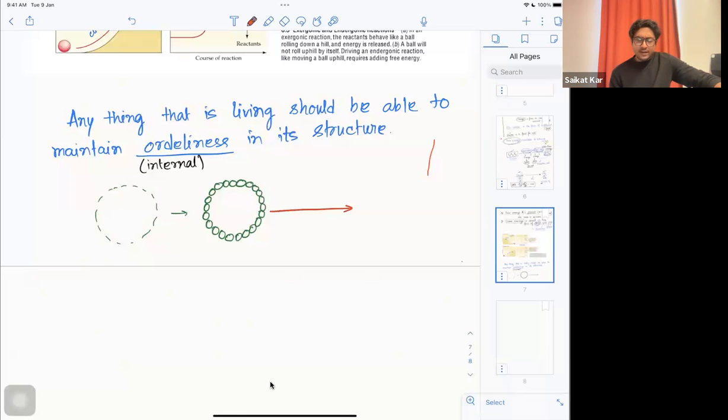So cells should find some way so that they can maintain the structure. So any living organism or living object is one which can maintain the structure and defy the change of entropy.